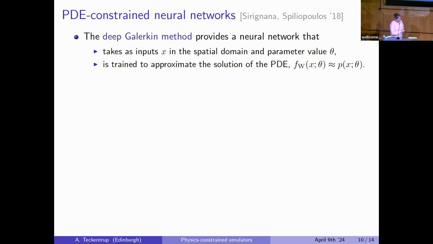So this is now a method that provides a neural network that really approximates the PDE solution, right? So it takes as an input both the spatial variable x and the parameter value theta, and then the neural network, F_W, where the W denotes the weights of the neural network, is then trained so that you approximate the PDE solution as a function of x and the coefficient value theta.